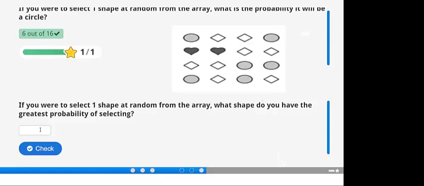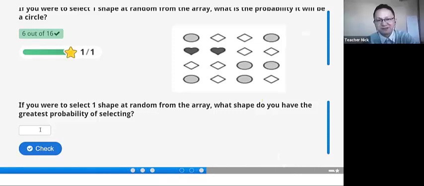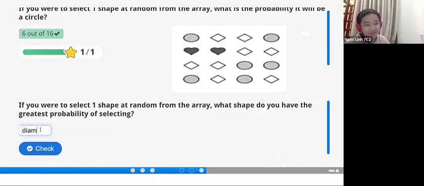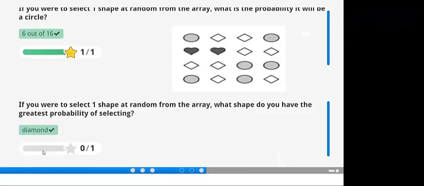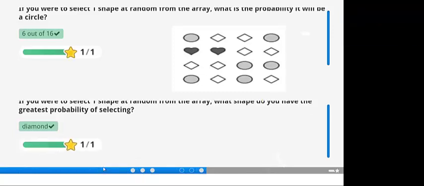Is it a rhombus? Or what we call it is a diamond. So rhombus or diamond. Let's check if Luke is correct. Yeah. Good.